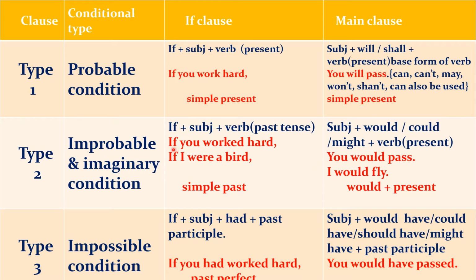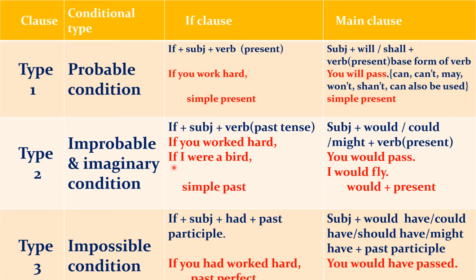See the structure: if plus subject plus simple past tense in the if clause, and subject plus would plus base form of the verb in the main clause. We can use would, could, or might also. See the next example: if I were a bird, I would fly.